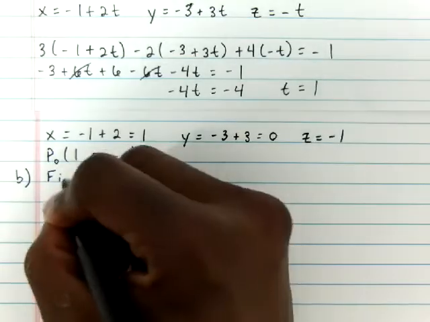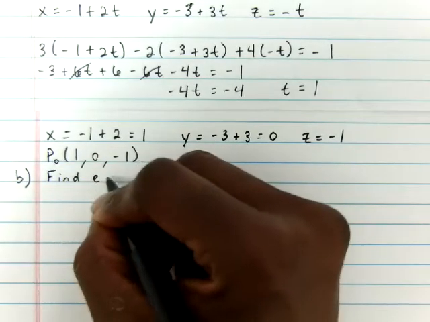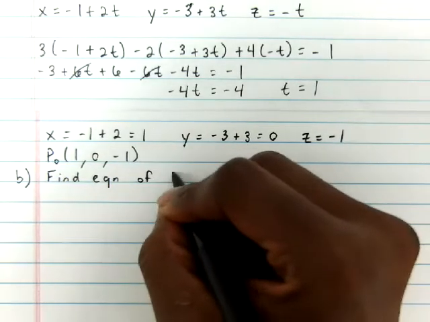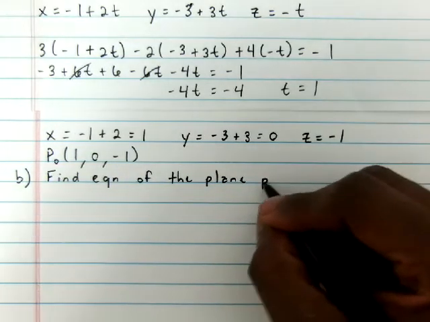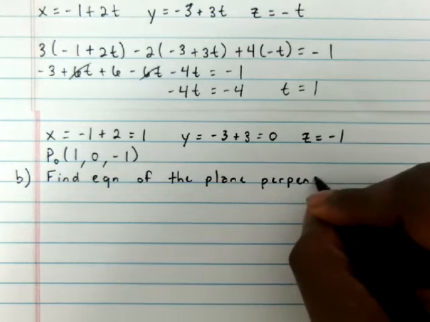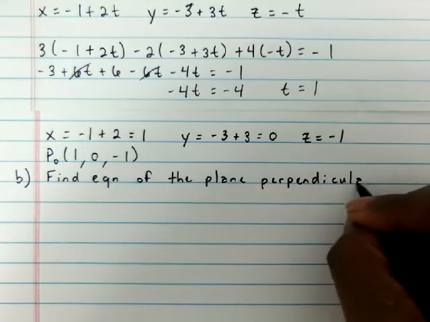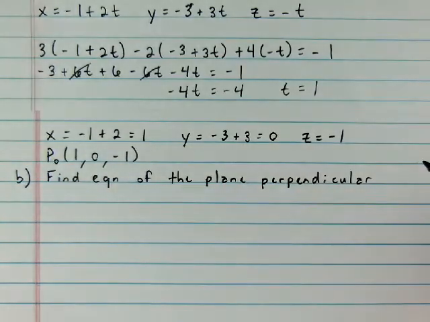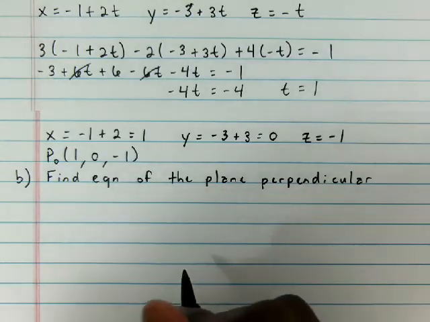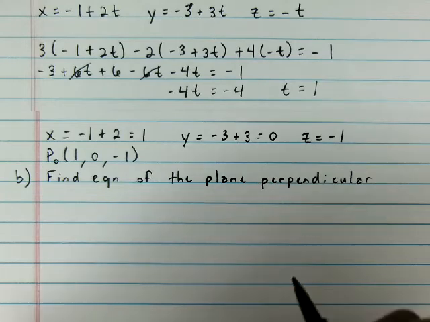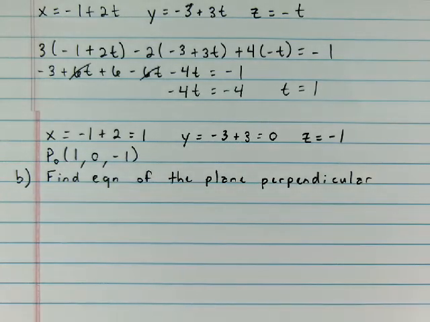So find the equation of the plane, and instead of using the names, I'm going to write out the actual equations again. Plane perpendicular to L, and for the equations for L, I can use the parametric equations or the symmetric ones.